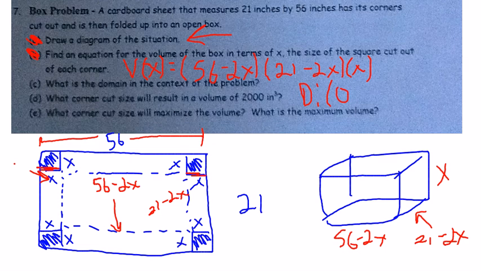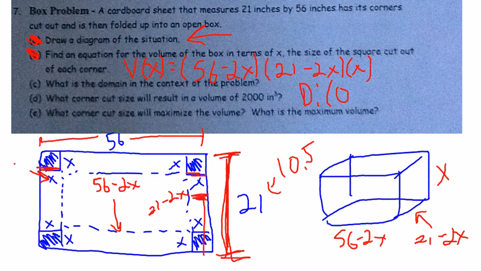Then, the side that's going to limit me is going to be this 21 side right here. I only have enough, half of 21 is equal to 10.5. And if I go beyond that 10.5, like say I made an 11-inch cut, is it inches? Yeah. Then from the bottom, I would cut 11 inches.